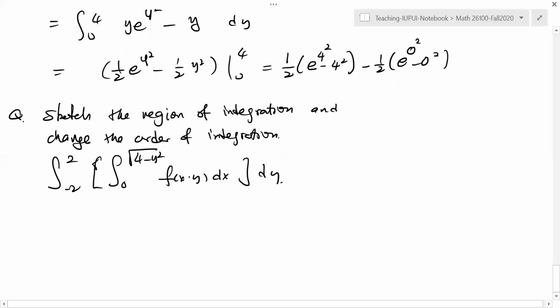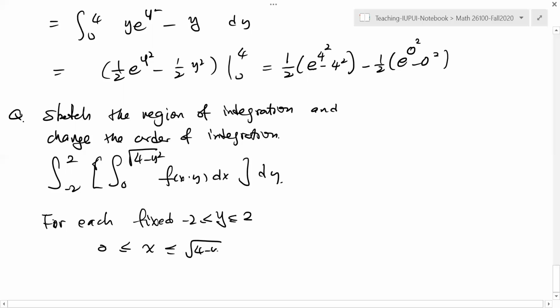What does that mean? Read this integral. So y is the outside variable. So that means for each fixed y between -2 and +2, the x value is between 0 and the square root of 4 minus y squared.